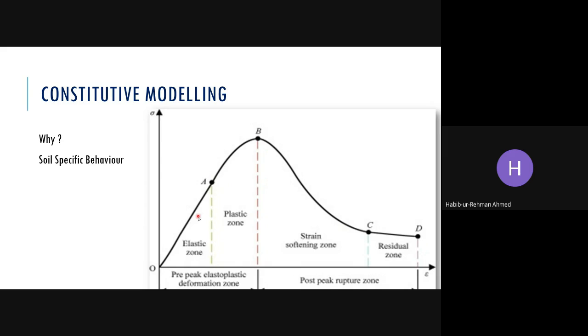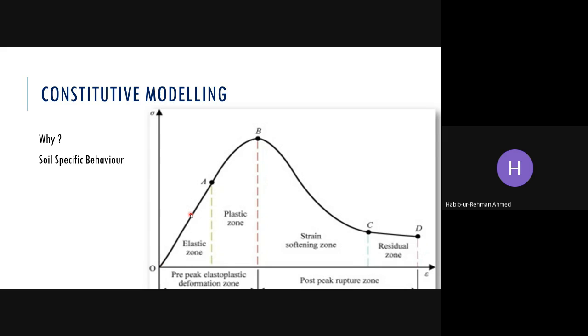So I'm just going to give you a very general idea how a constitutive model looks, and how we translate it into a mathematical model. That mathematical model is then used in digital modeling, in computer modeling, to give us the response.